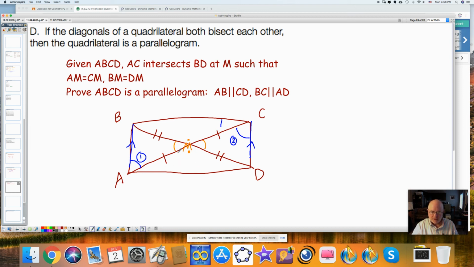So by side-angle-side, triangle AMD is congruent to triangle CMB. Now this angle and this one are congruent because corresponding parts of congruent triangles are congruent. I'll call this angle 3 and this one angle 4. Since these alternate interior angles are congruent, by the converse of the alternate interior angles theorem, these two sides must be parallel. This is a parallelogram.